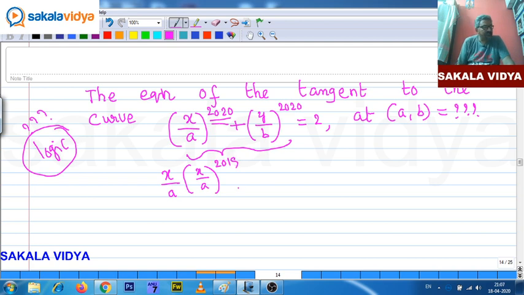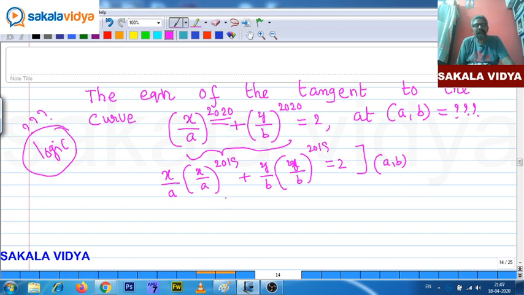Plus this (y by b) whole to the power of 20 we can write y by b into (y by b) whole to the power of 2019 equal to 2. Now, put a comma b. That means, in this bracket only you need to substitute x for a, y for b. That means you will be getting x by a into 1 plus y by b into 1 is equal to 2. This is the answer.